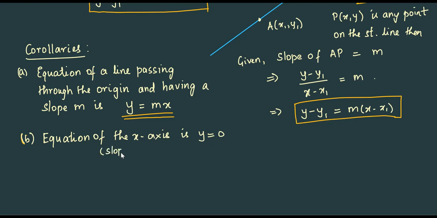Slope of the x-axis is 0. What will be the equation of the y-axis? Y-axis is a perpendicular line to x-axis. So slope will be infinity. I can write this as 1 upon 0 and take the 0 this side. We will get the equation of y-axis is x equal to 0.